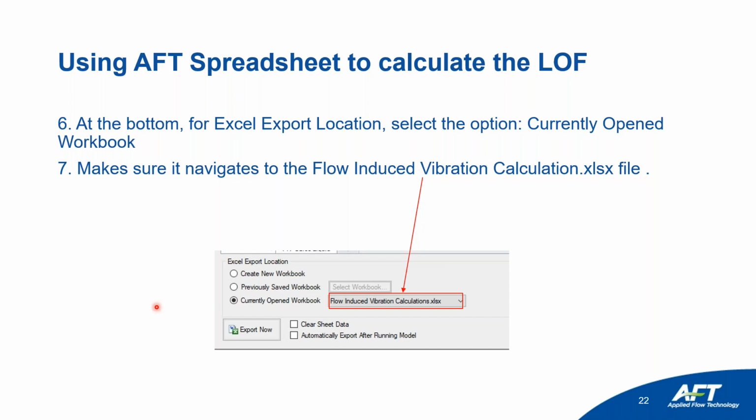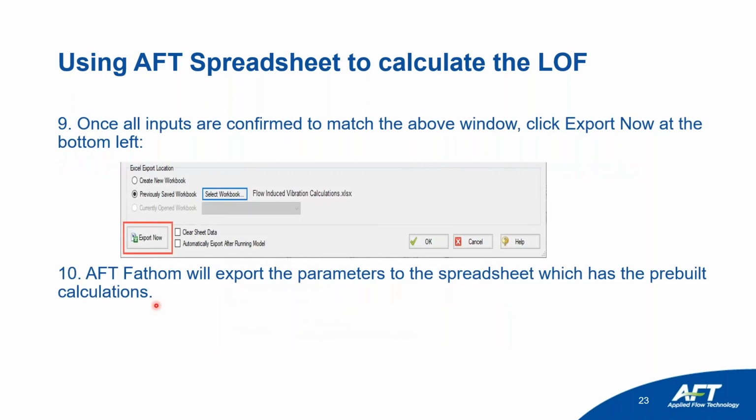Oh, one thing I forgot. Once all the inputs are confirmed to match the windows, you click the Export button to the left, Export. AFT Fathom will export the parameters into the spreadsheet, which has pre-built calculations.